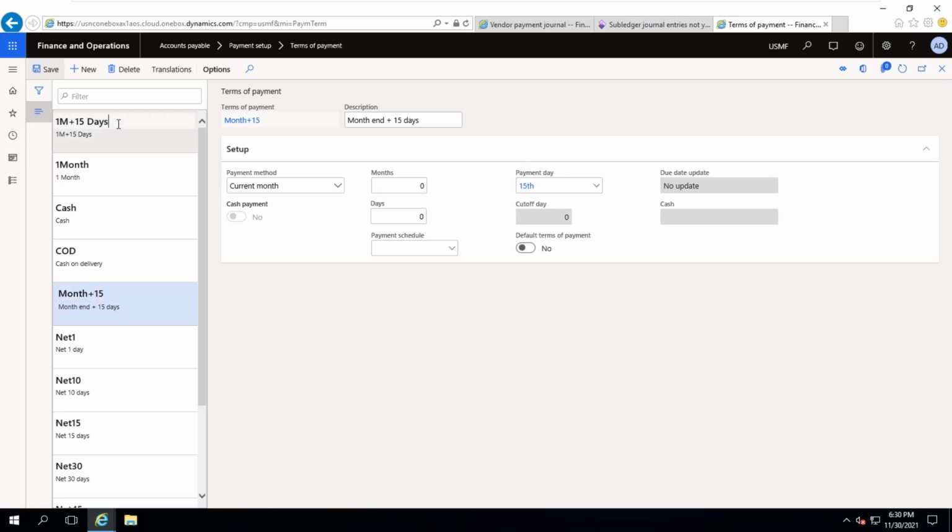You need to create one month 15 days like this. You can create one new item and map it: create a new one, 1M plus 15, mention months 1 and days 15, and do the transaction. Then it will work properly, as you expect.